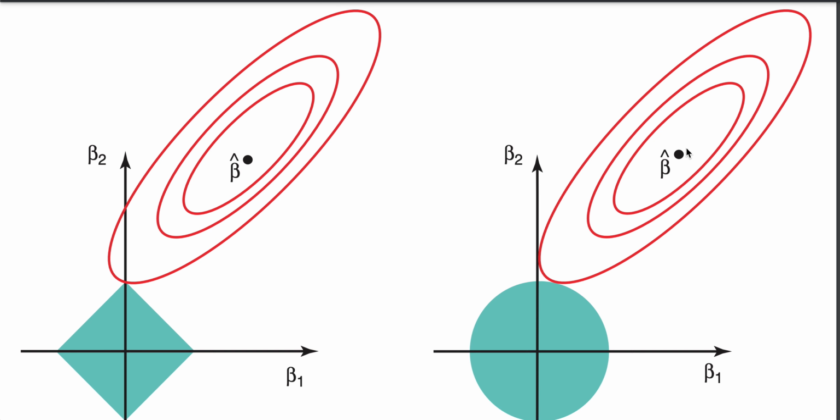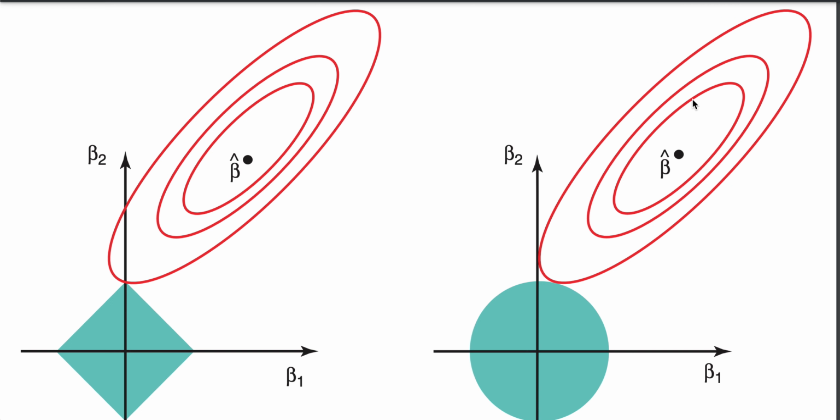And as we get farther away from it, the residual sum of squares increases. So this is a problem with two coefficients. The residual sum of squares is constant over these contour plots.